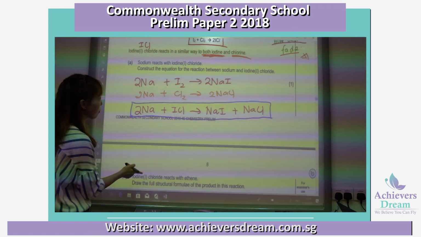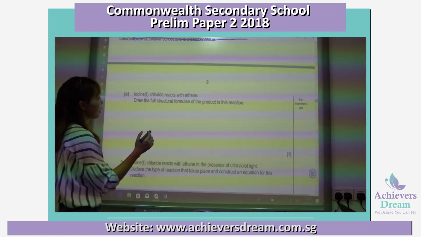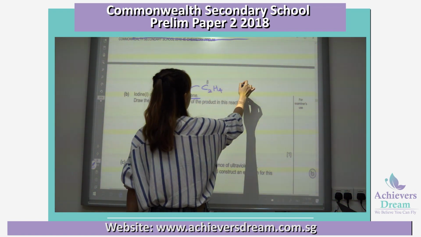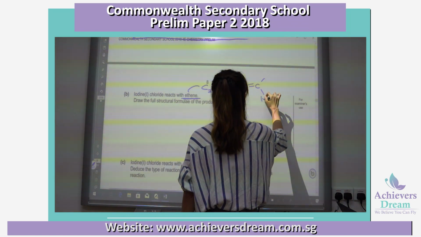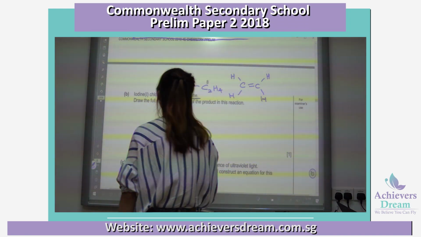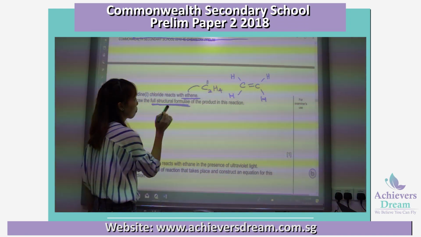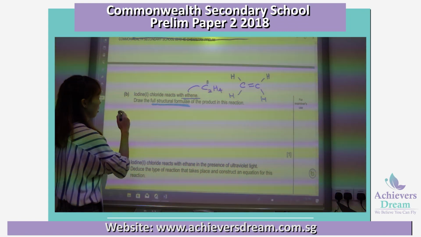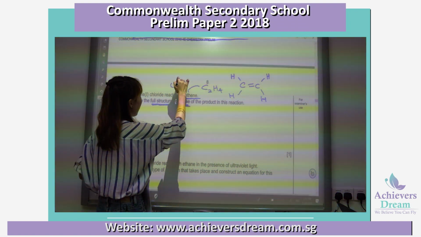This is your equation. Then for part B, iodine chloride reacts with ethene. Ethene is your C2H4. So it has this structure. Draw the full structural formula of the product in this reaction. For this, your ICl reacts with ethene, which is an alkene.